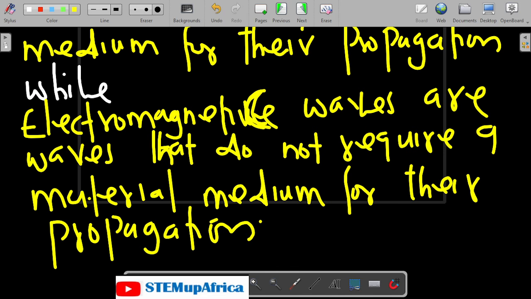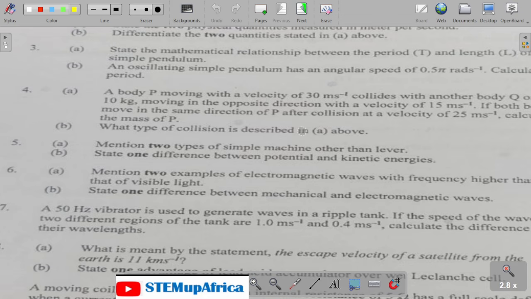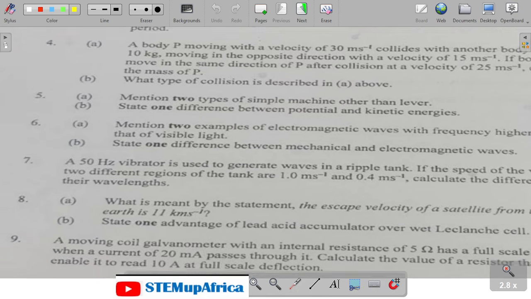So this is the difference between mechanical waves and electromagnetic waves. So question 6b has been taken care of, and 6a. So let's go to question 7.